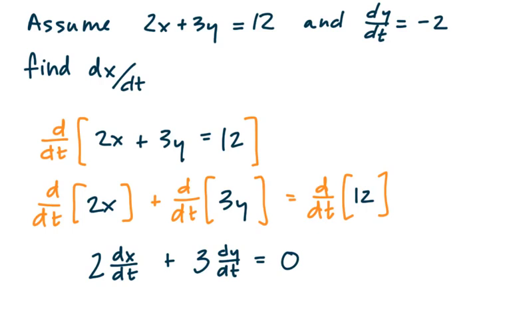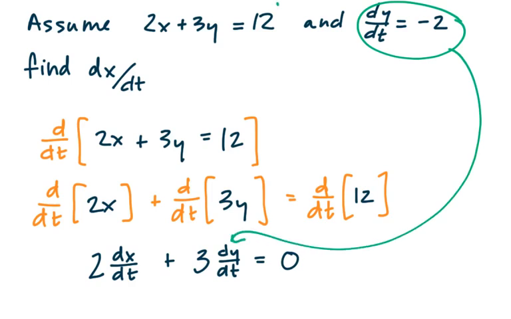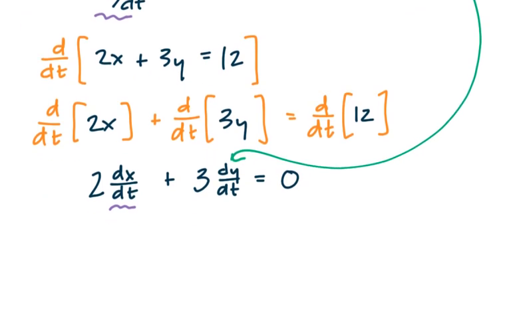Now we know that dy/dt is -2, and we're asked to determine what dx/dt is. So at this point, we're just plugging in values that we know, or rates or constants that were given inside the application problem. So if I plug in -2 for dy/dt, I've got 2 dx/dt plus 3 times -2 equals 0.